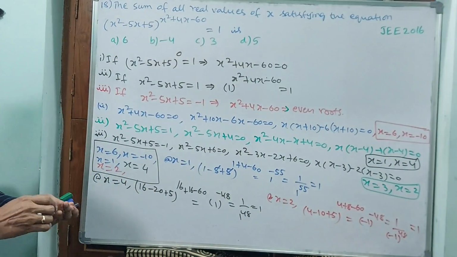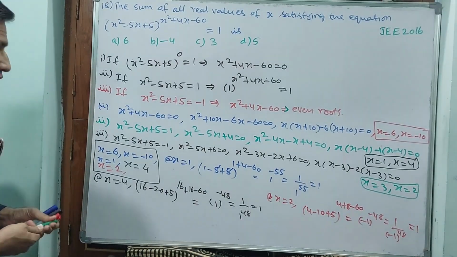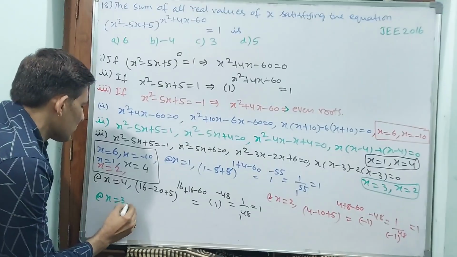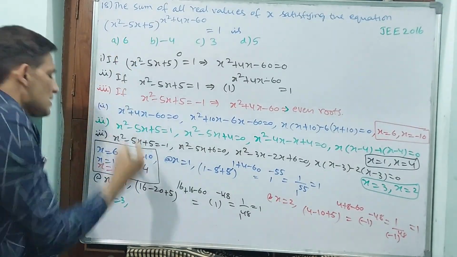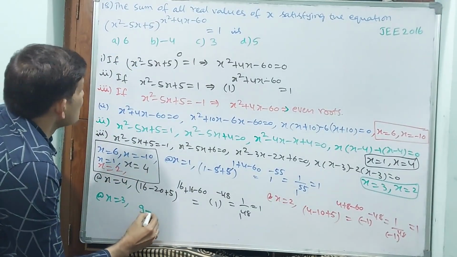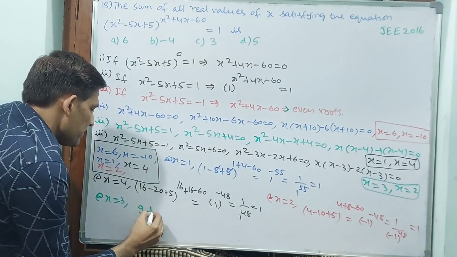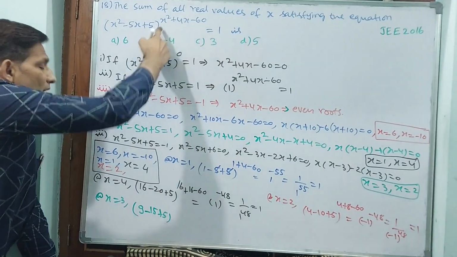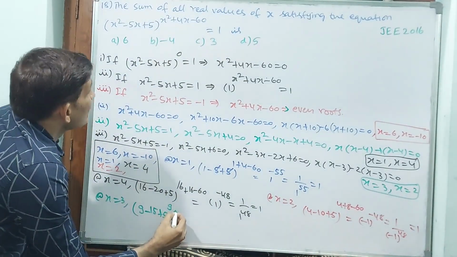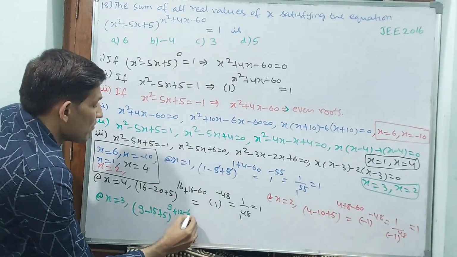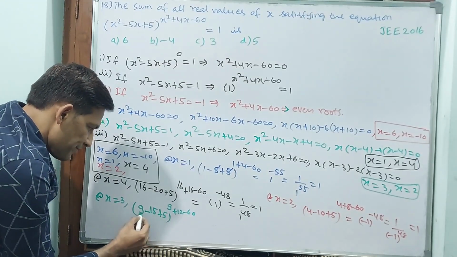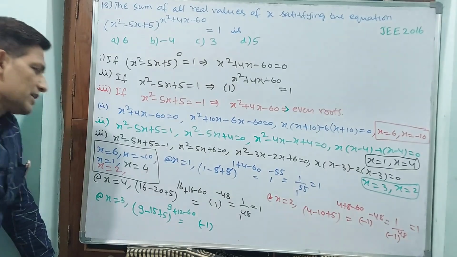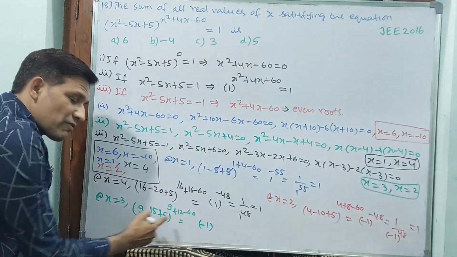Now, last one, go for x is equal to 3. That will not come. Why? Because some problem is there. At x is equal to 3, the denominator is 9 minus 3 into 5, 15 plus 5. Here, 9 plus 12 minus 60. 9 minus 15 plus 5 is minus 1, we know very well.